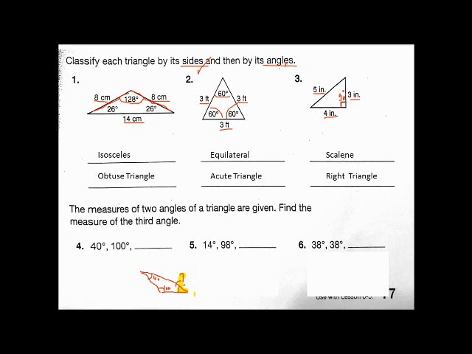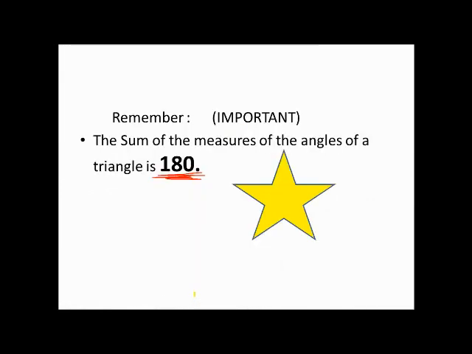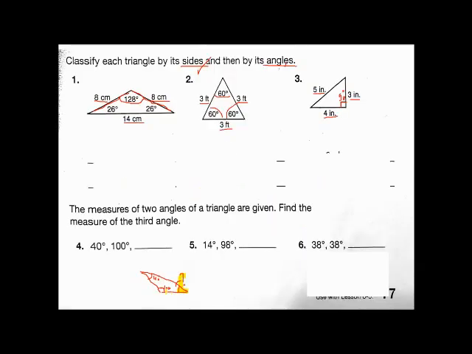How can I know? Remember when I told you that the sum of all the measures of the angles of a triangle must be 180? If I add 100 plus 40 plus this unknown, it must be equal to 180.